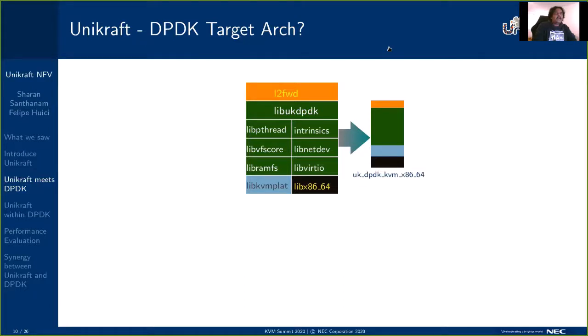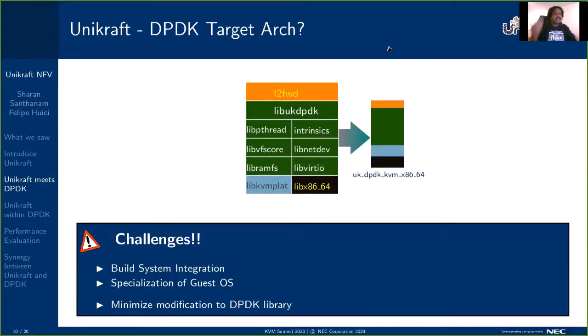But we also took some design considerations into account with this mental image. One of the advantages of the DPDK library is its modularity, and also the benefit of Unikraft is its modularity. So we wanted to retain as much modularity as possible. To do that, we needed to make sure that the build system of Unikraft can understand the build system of DPDK, so that it can use its modular libraries.